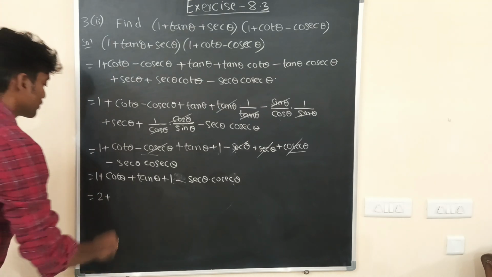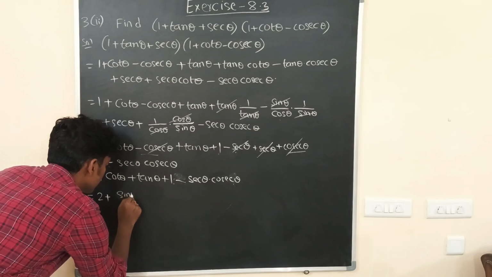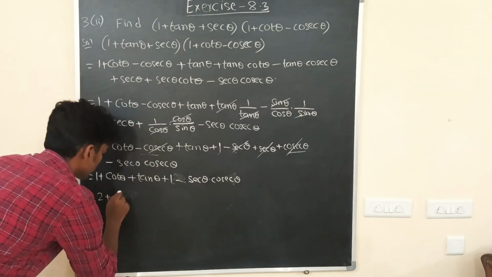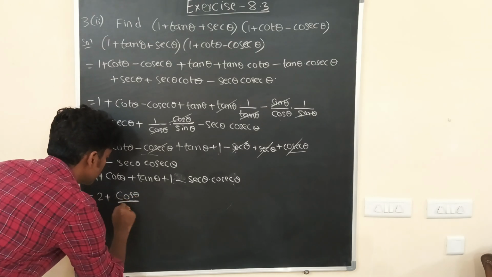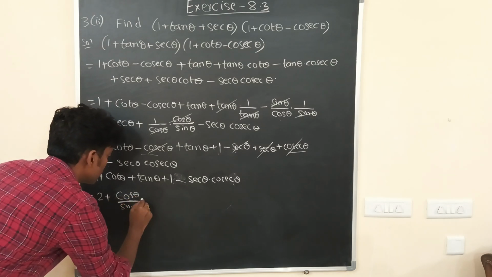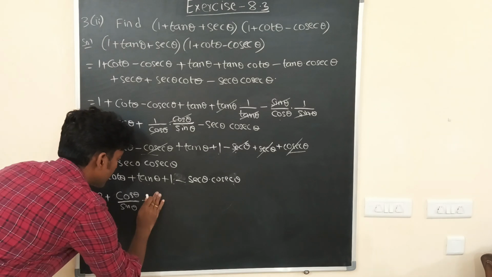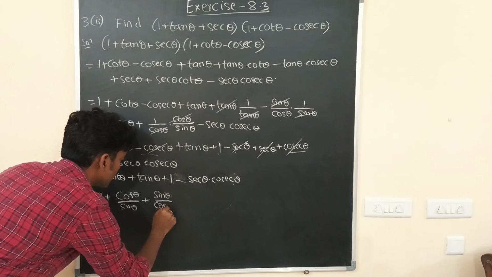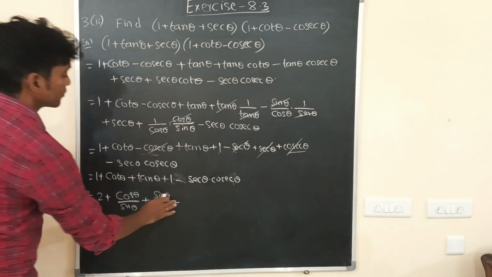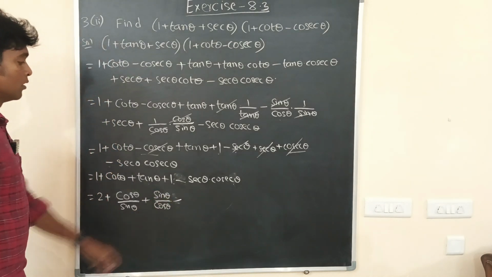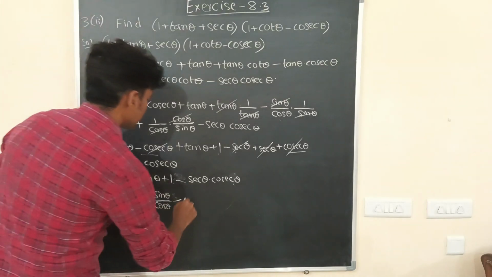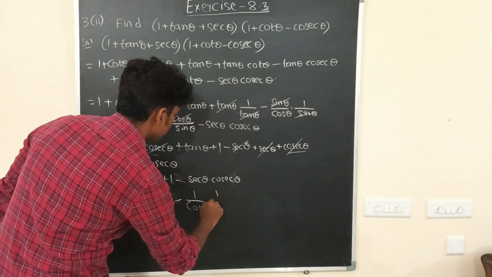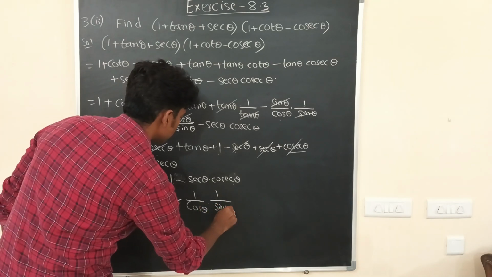We can write it as cot theta is cos theta by sin theta, plus tan theta is sin theta by cos theta, minus 1 by cos theta into 1 by sin theta.